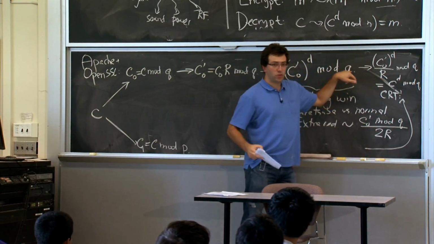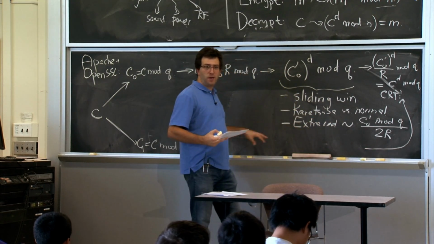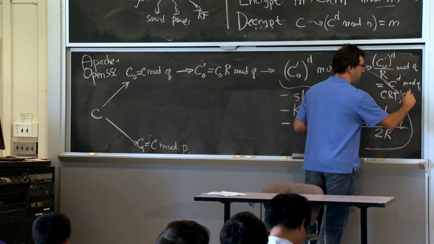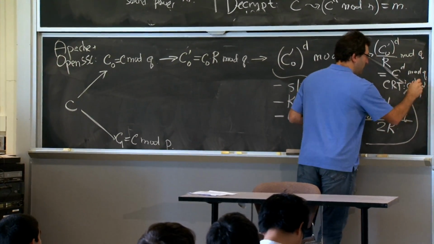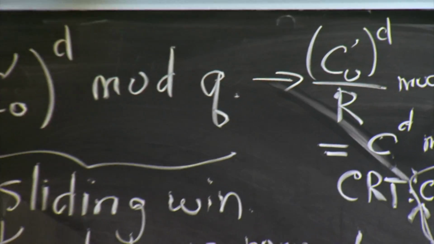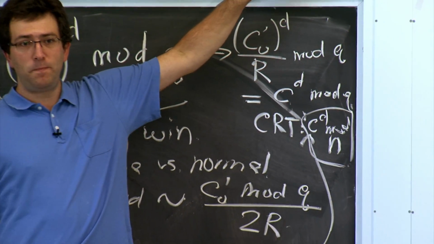We're going to get c to the d mod p on the bottom version of this pipeline. And we can use CRT to get the value of c to the d mod n. Sorry for the small font size, but roughly it's the same thing. We can finally get our result, and we get our message m.